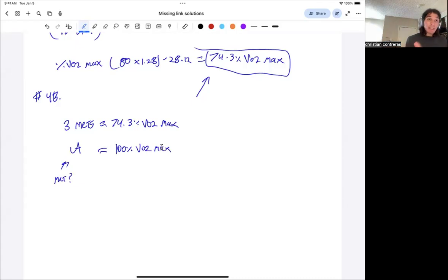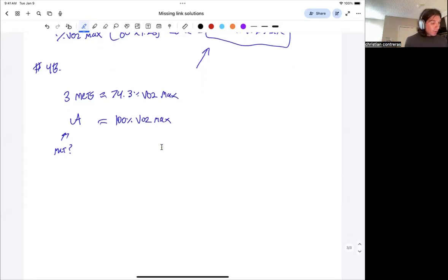All we can do is set this up like a regular algebra equation where we're trying to find the unknown variable. In this case, we know that A, our unknown variable, times 0.743, again, because we want to multiply this by the decimal value, is going to give us 3 mets.